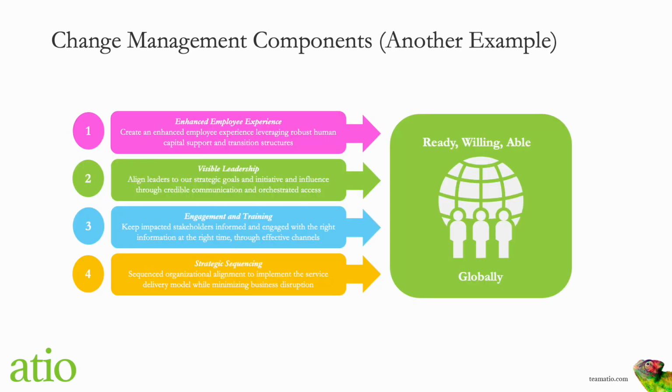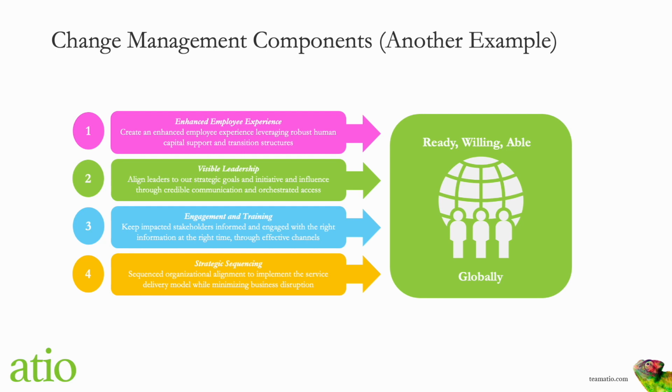This is a second example of a change management components slide. This one focuses on enhanced employee experience, visible leadership, engagement and training, and strategic sequencing in order to transition to a globally ready, willing, and able workforce.